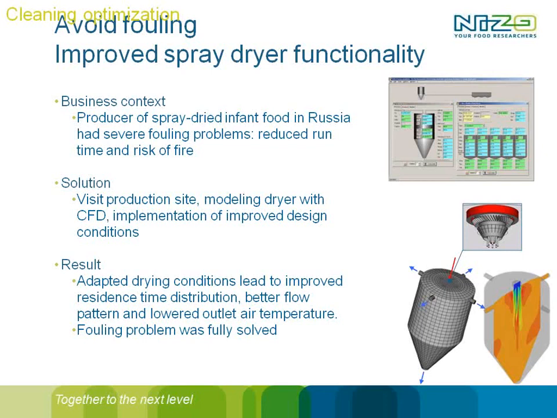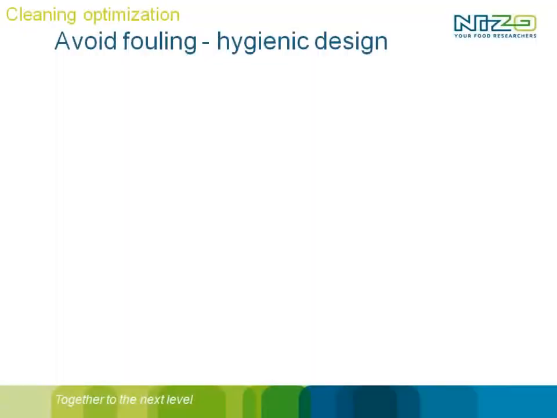Okay, it cost some money to adjust it, but it was not such a big deal. It was a small change of the design, and you had a better airflow pattern, better residence time distribution. The fouling problem was solved, and in addition, the powder properties themselves were also improved a lot. So once again, solving one problem leads to a better solution of other properties as well.